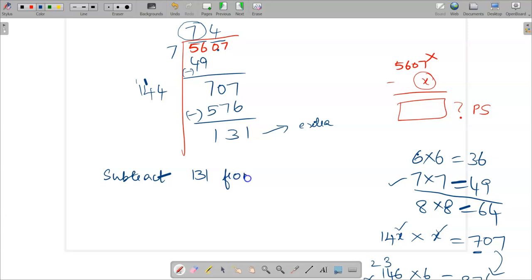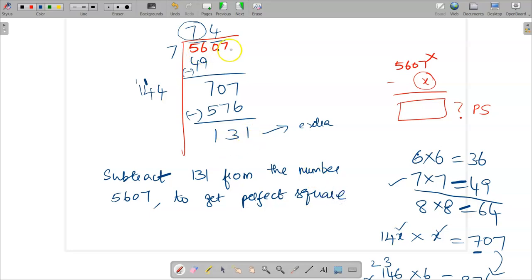So what I have to do is subtract 131 from the given number 5607 to get a perfect square. Why? Because if I subtract 131 from the given number, I will get a perfect square number.